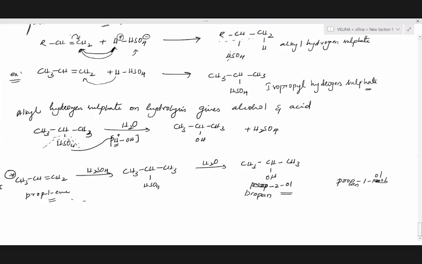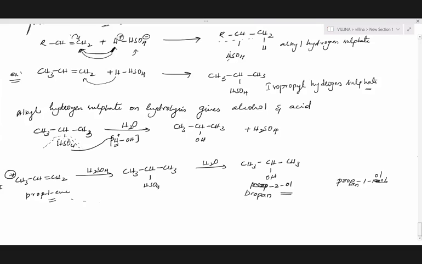This is the isopropyl group, right? So we have isopropyl hydrogen sulfate. But this is not the end of the reaction, because there is an extension for this hydrogen sulfate which is formed due to the addition reaction, and that part is very important.